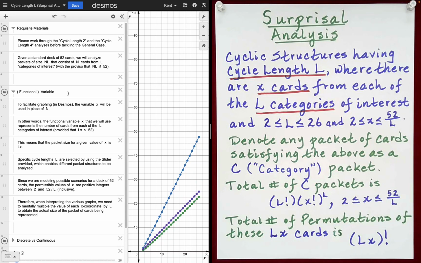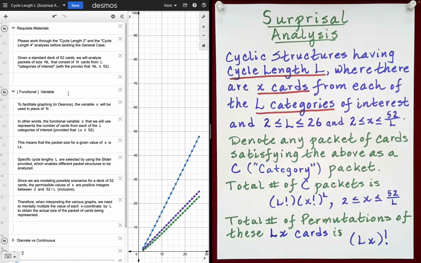In other words, the functional variable x that we will use represents the number of cards from each of the L categories of interest. Once again, provided that L times x is less than or equal to 52. This means that the packet size for each given value of x is L times x.